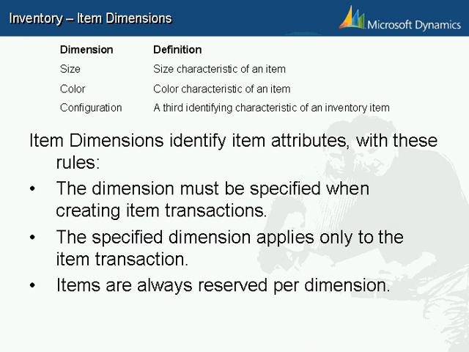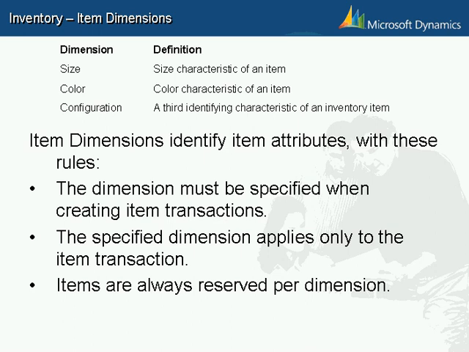Inventory item dimensions: we have those dimensions as size, color, configuration. Size is a characteristic of an item, color is a characteristic of an item as well, and a set identifying characteristic of an inventory item is configuration. So we have three characteristics of an item in the item dimensions group.